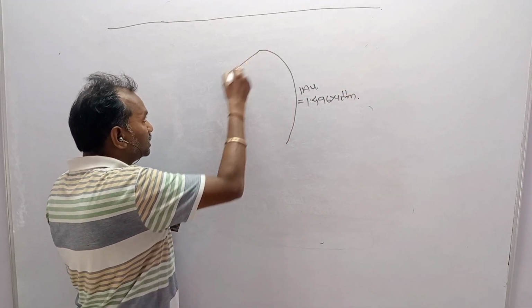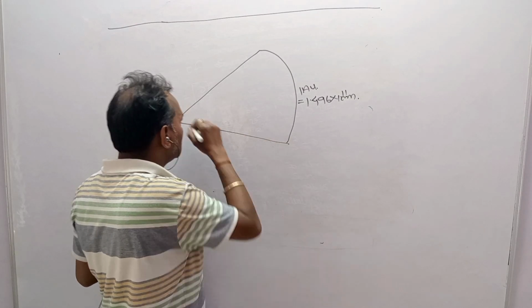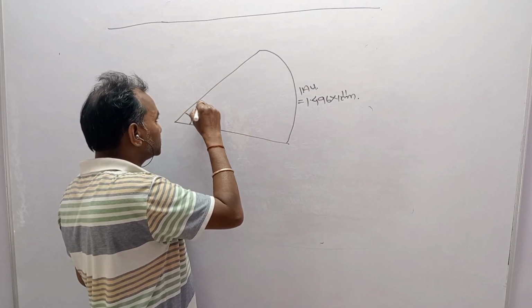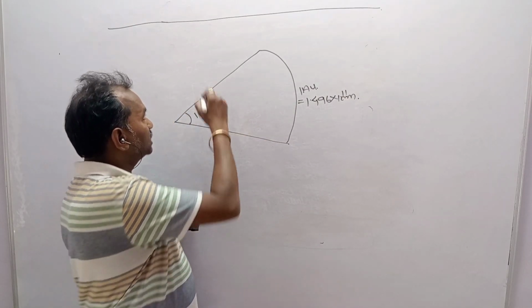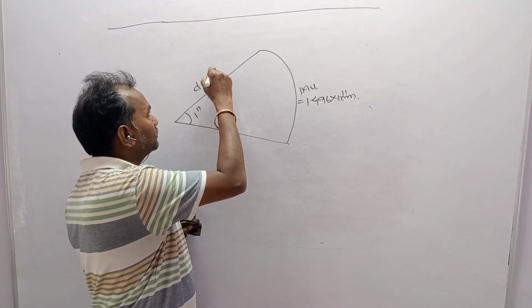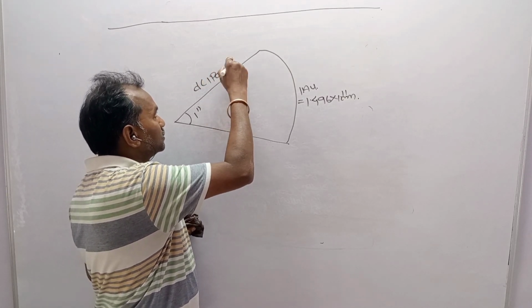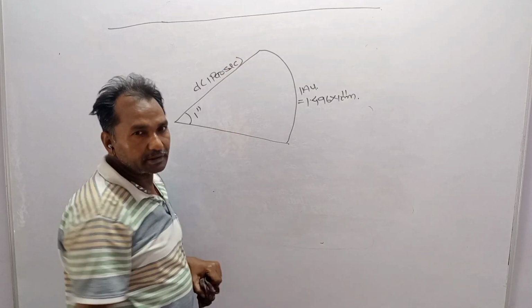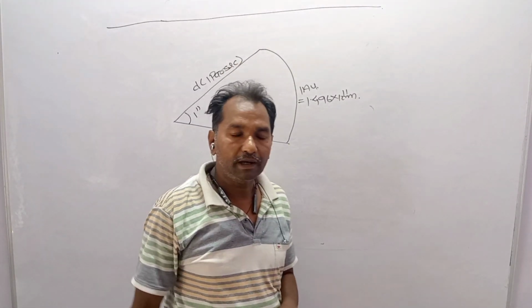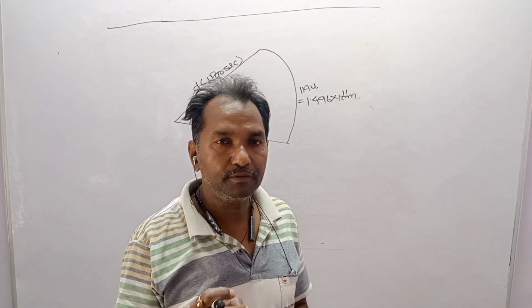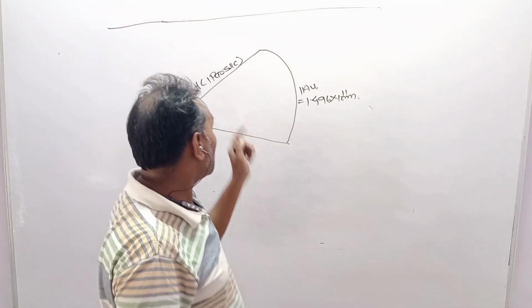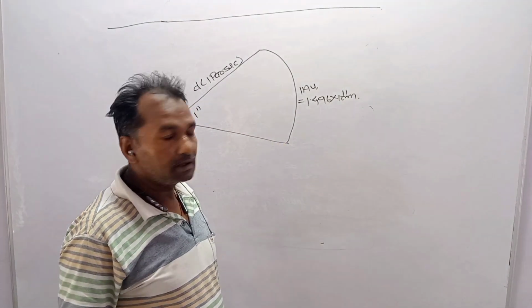This angle is 1 second, and this distance is called 1 parsec, 1 parallactic second. I have told you that the parsec is the unit of distance. Now, how can we define 1 parsec?